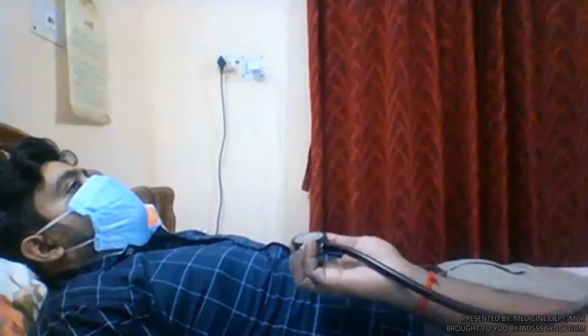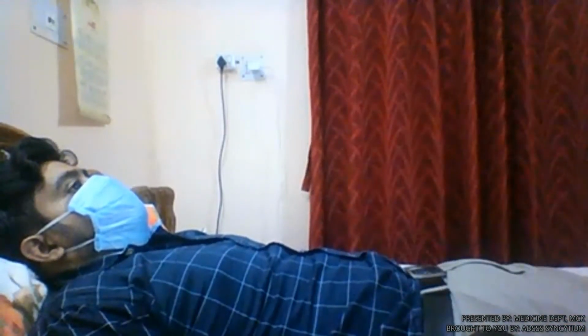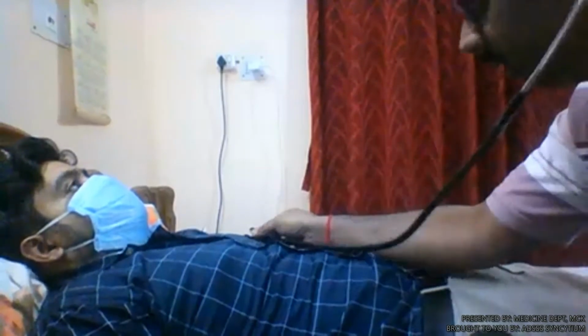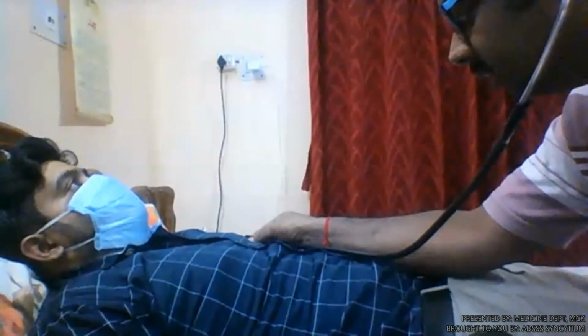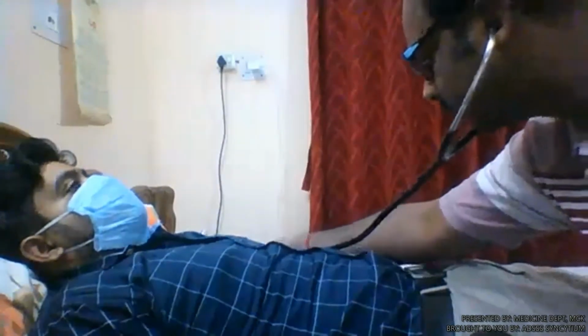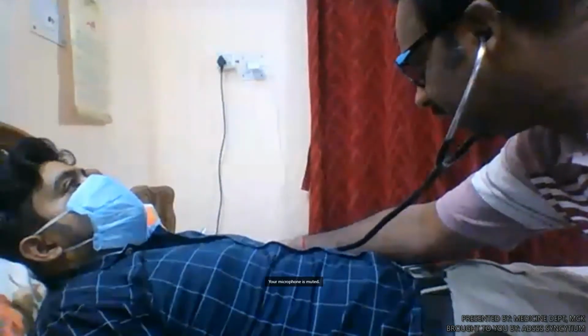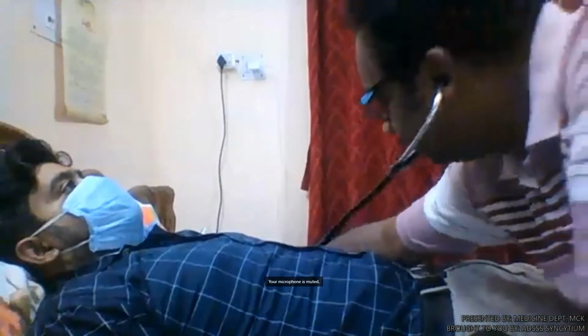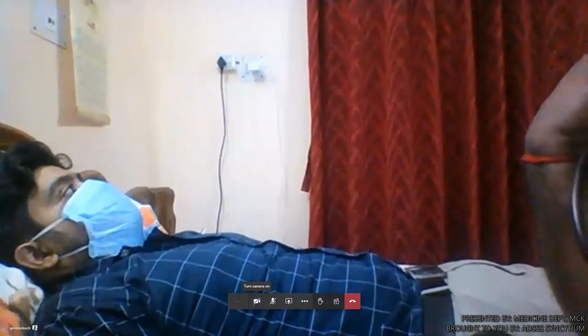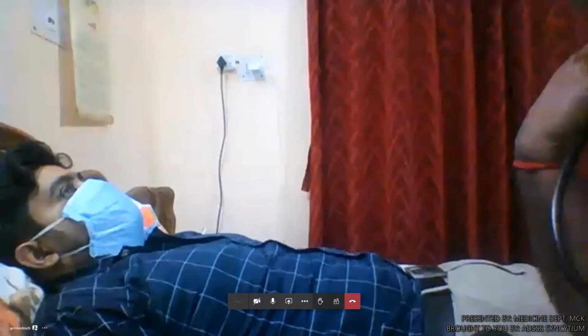And the murmur of mitral regurgitation often radiates to the axillary area and infrascapular area. So when you get a pansystolic murmur over the mitral area, also auscultate the axilla and left infrascapular area if there is any radiation.